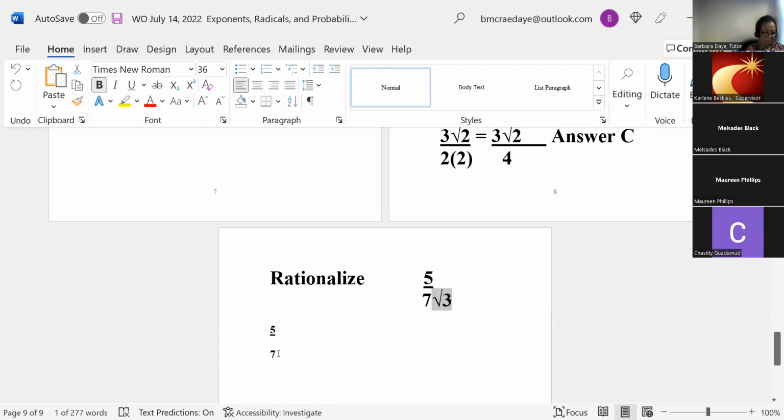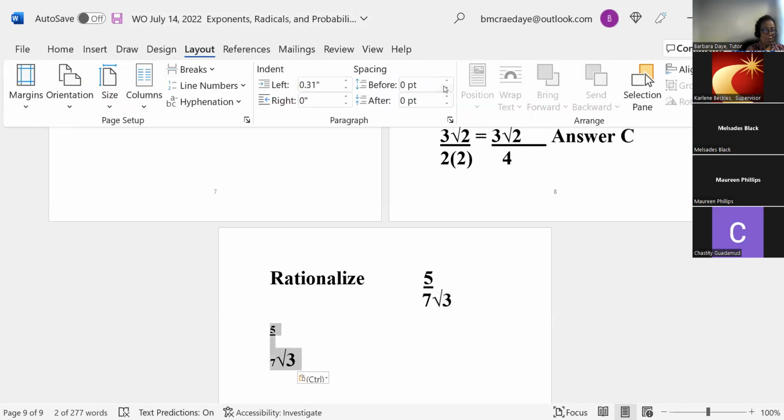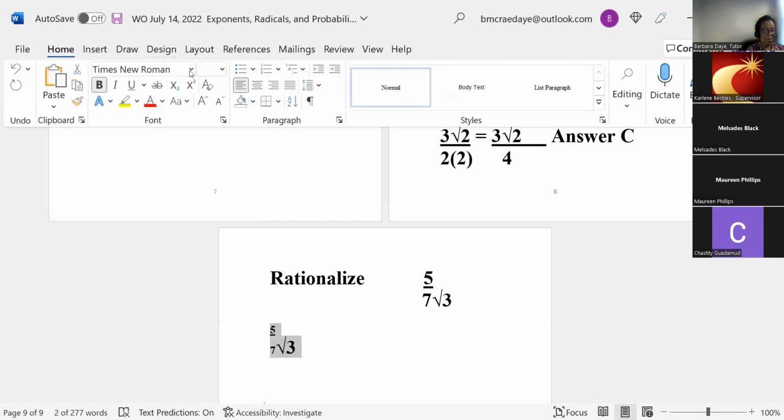So that means you do what? What's your first step? That's the first step: radical 3 upon radical 3. I want to hear some math terms, Mercedes.